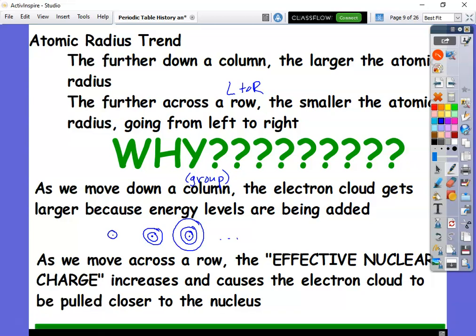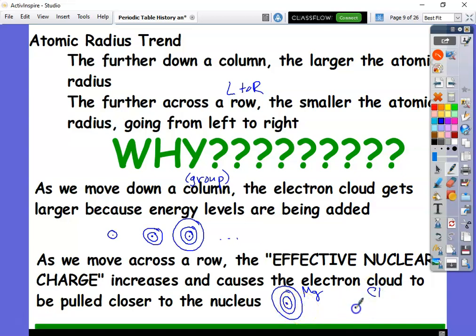We just got done talking about effective nuclear charge. So as we go across a row from left to right, the effective nuclear charge, or the charge in the nucleus, gets stronger, and the electron cloud is pulled closer to the nucleus. So I'm going to redraw that example that I did of magnesium and chlorine. If this is my magnesium atom, remember it's in the third row on the periodic table, so it has 3 layers of electrons.